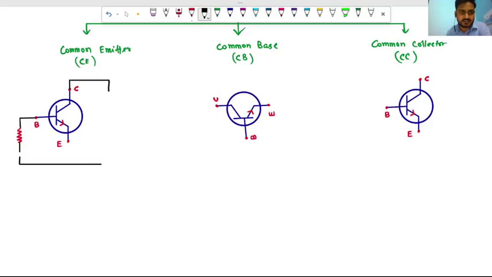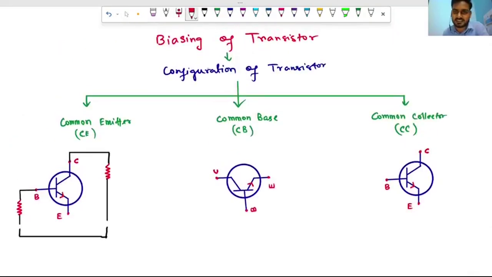I will add a resistance here, then again a connecting wire, and here I'll keep some space to add a battery. See, the common emitter, isn't it? I am talking about NPN transistor biasing, and here I am discussing the NPN transistor.